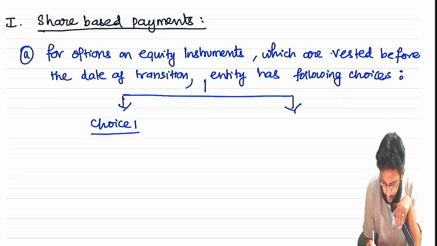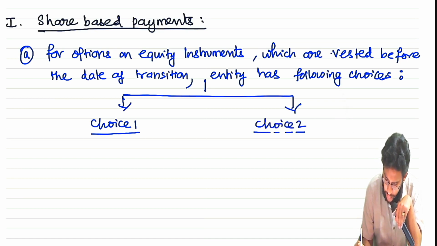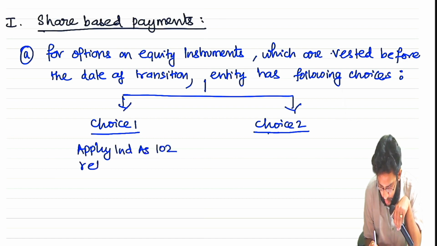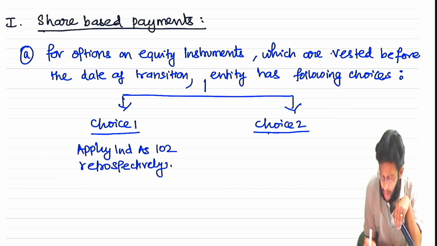Choice 1, apply Ind AS 102 retrospectively. This is one choice.